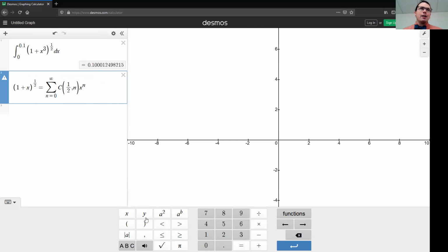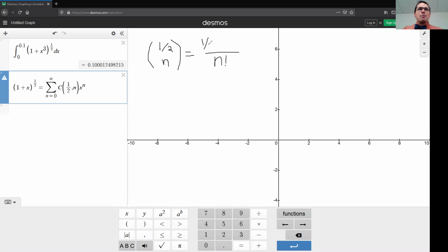On the board, I would write this out in parentheses. I'd have a 1/2 up top, and I'd have an n at the bottom. And what this number is describing is a fraction whose denominator is n factorial.